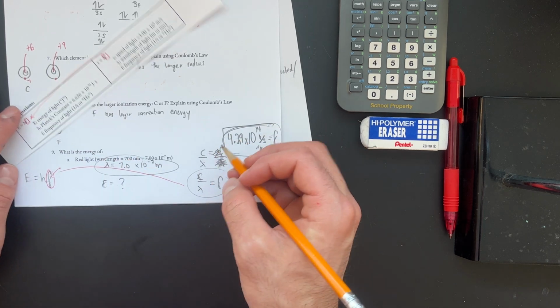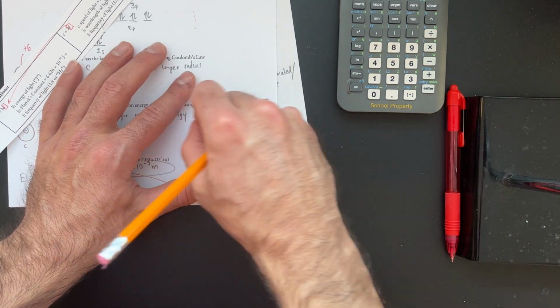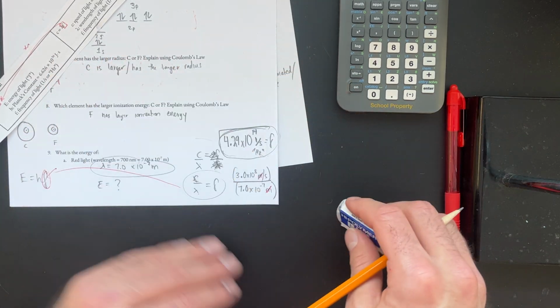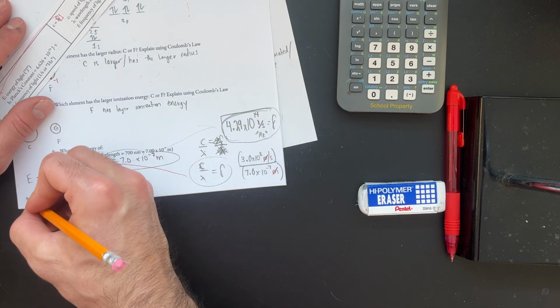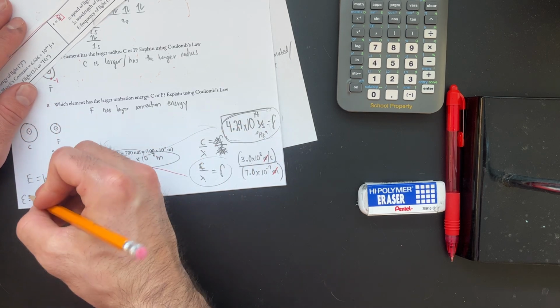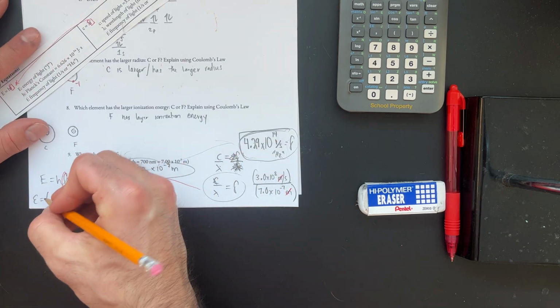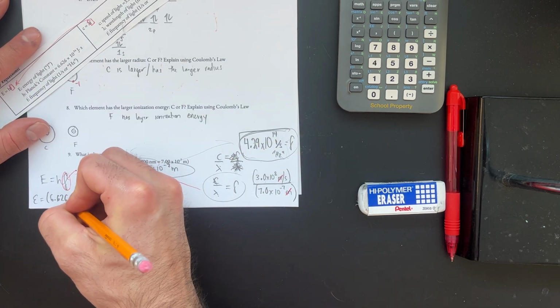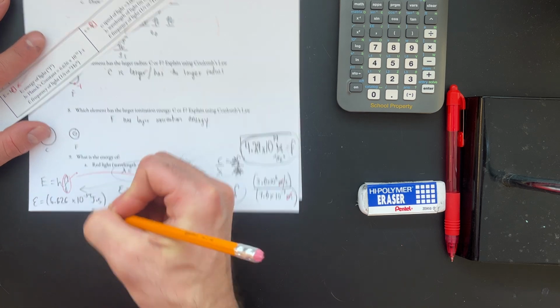Because really, what we're going to do is put it into E is equal to HF. So E is equal to 6.626 times 10 to the negative 34 joule seconds, because that's what H is.